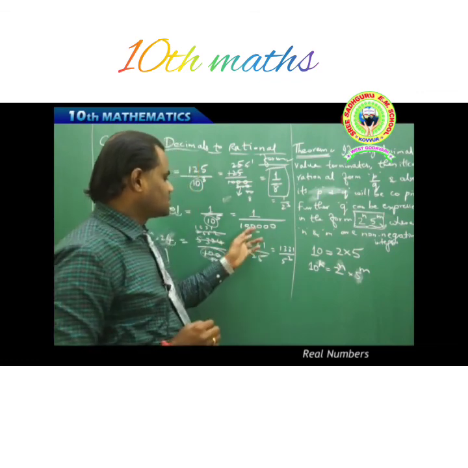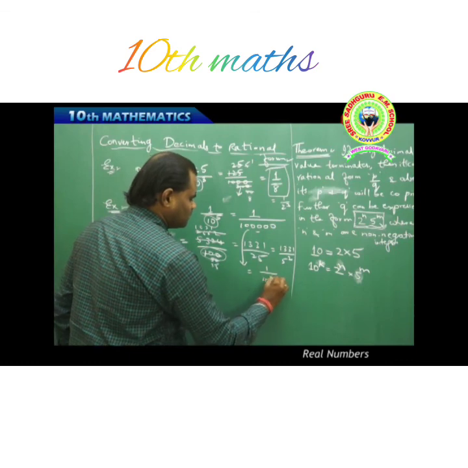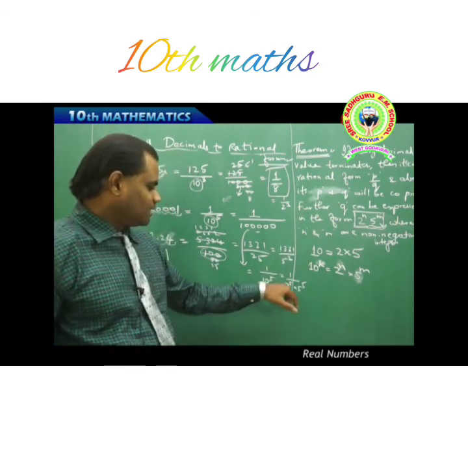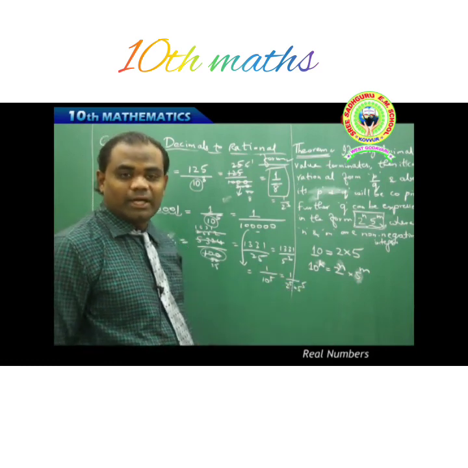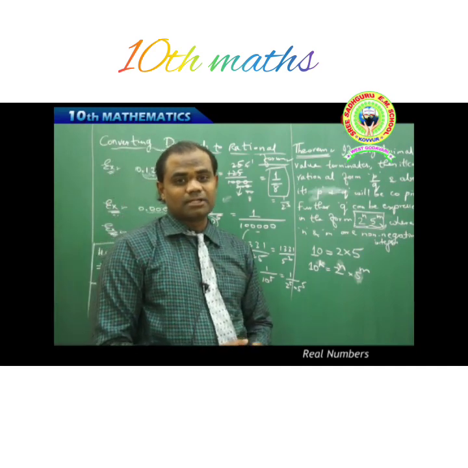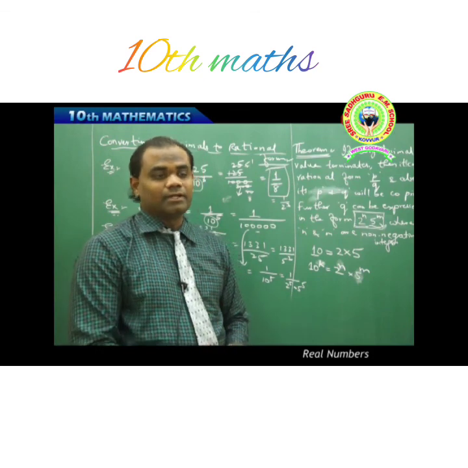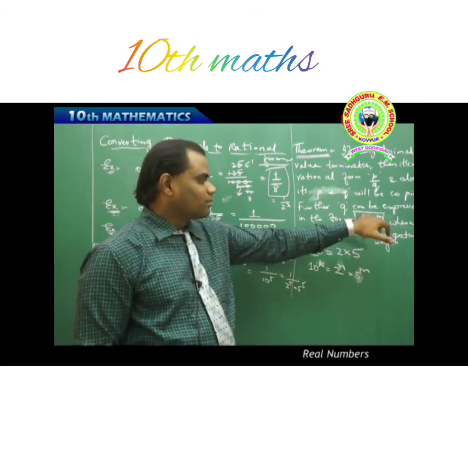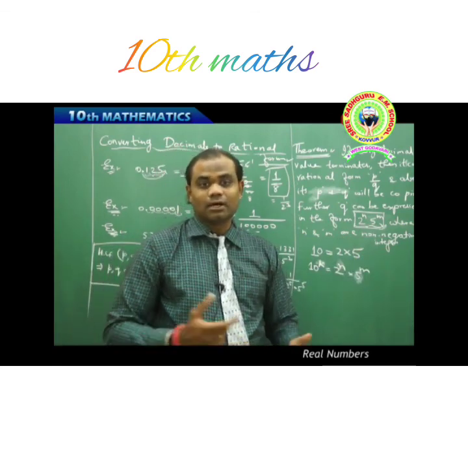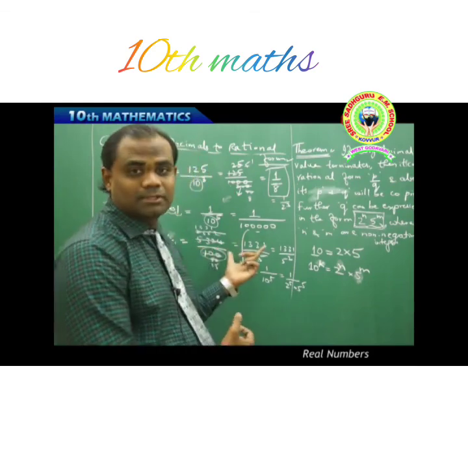Similarly, this can be written as 1 by 10 power 5, that is 2 power 5 into 5 power 5, and then m is 5 and n is 5. So every terminating decimal value expressed in its most simplified rational form will have its denominator in the form 2 power n into 5 power m, where n and m are non-negative integers. This is the theorem which is supported by the examples considered here.